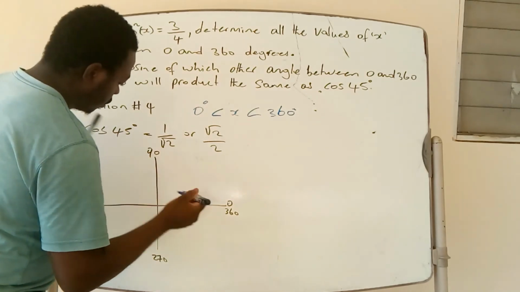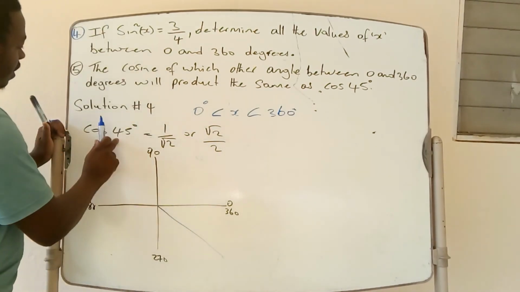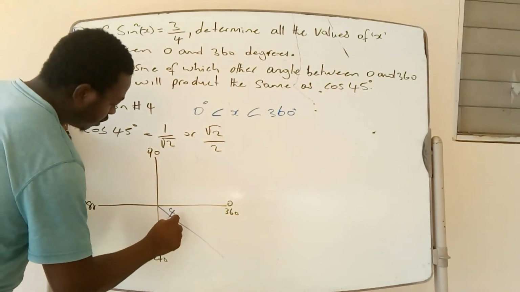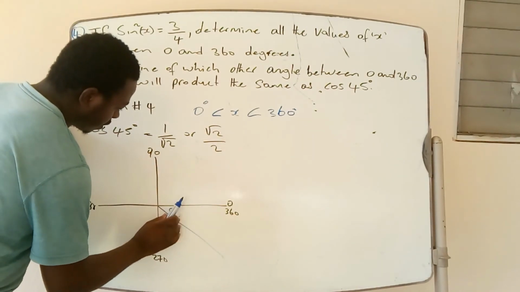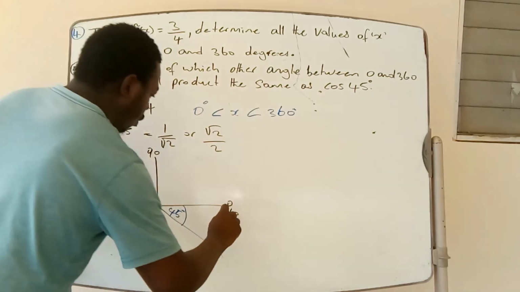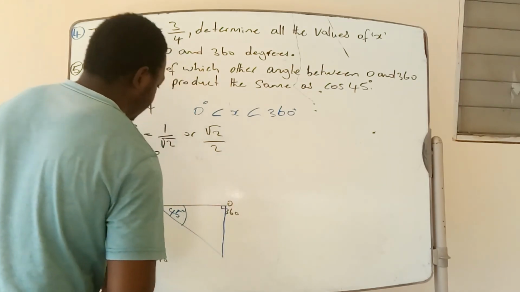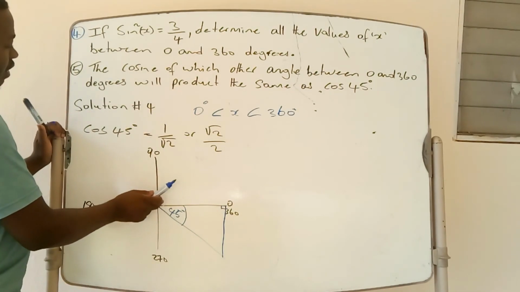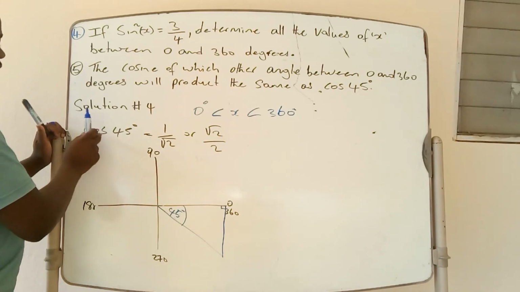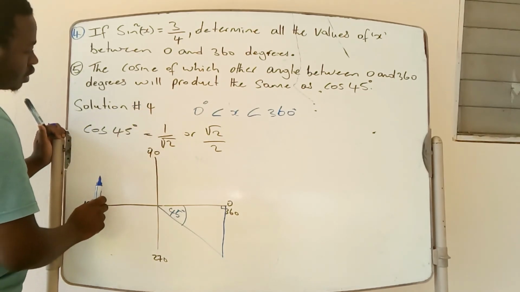So now we're going to draw a line here. This angle here is my 45 degrees, this is it. Now I just complete my right angle triangle here. So here is the 90. If this is 45, and we know that cos of anything has to do with adjacent over the hypotenuse, right?